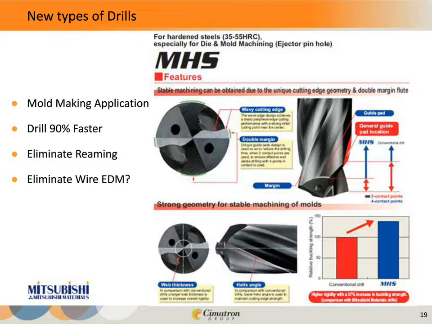Surely each application has its advantages and disadvantages, but the point is that with the technology we have today in drilling, it's probably worth at least asking the question, could we drill these rather than have them wire EDM?